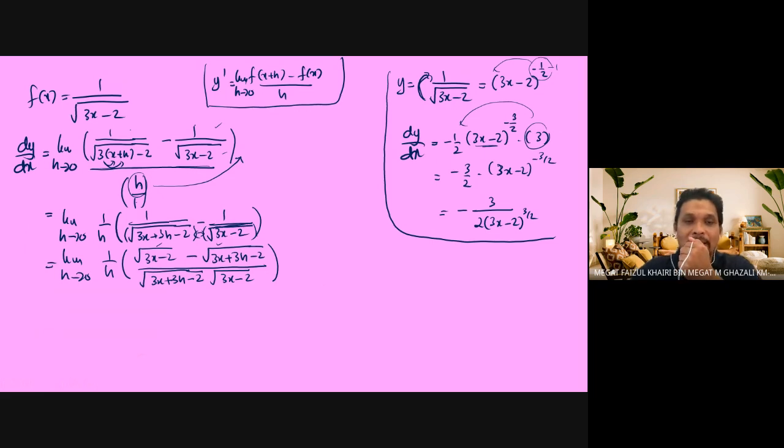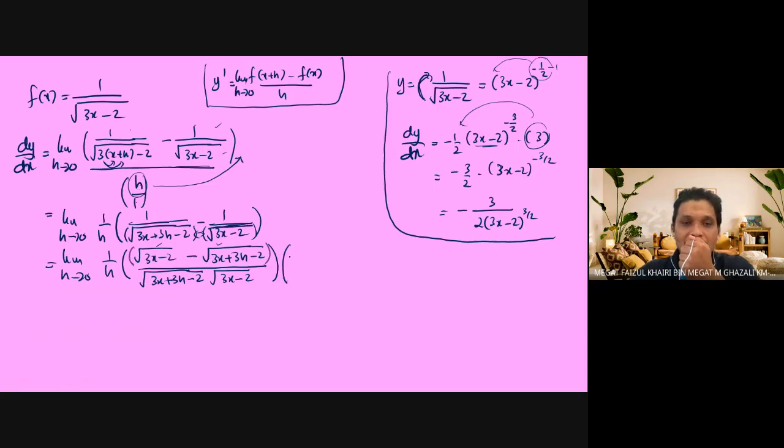Okay, now look at this. The numerator, we got square root of 3x minus 2 minus square root of 3x plus 3h minus 2. This is the one that we're going to refer to for our conjugate.